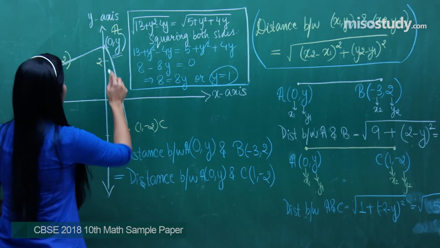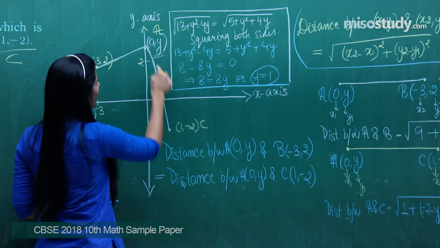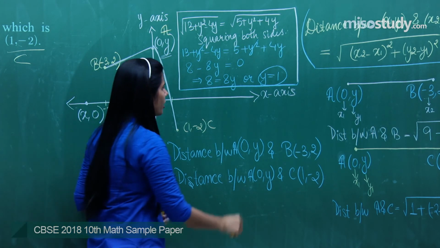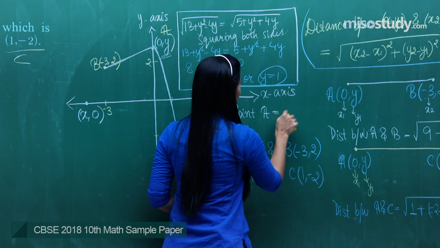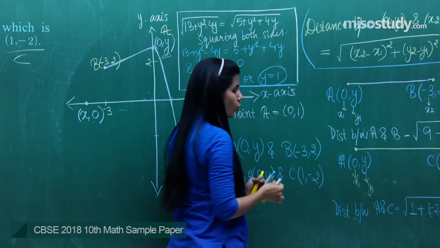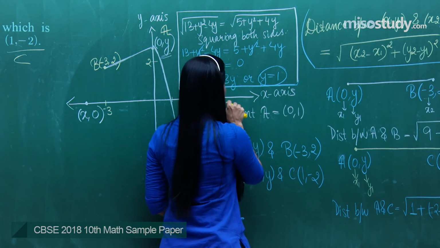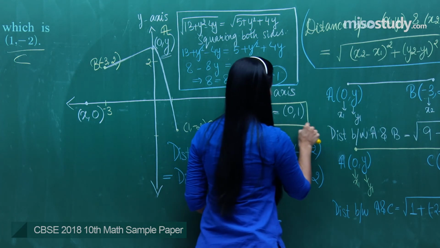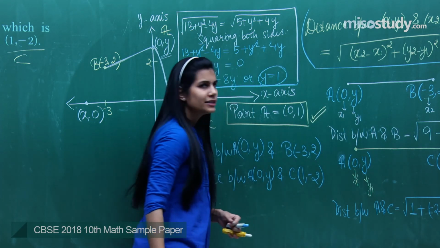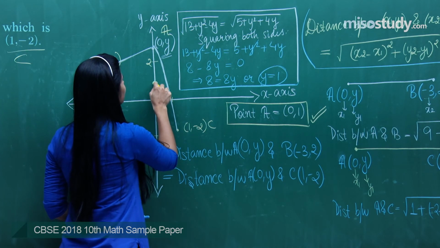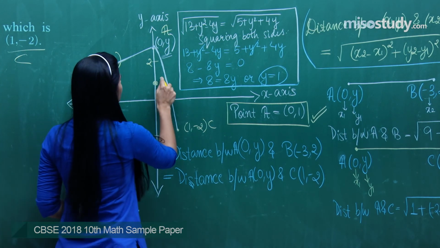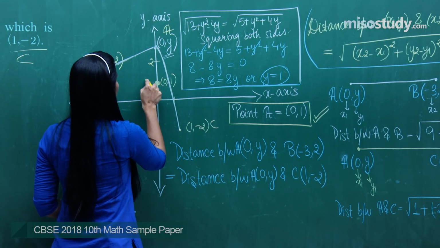That means the point which is equidistant from B and C is the point 0, 1. That is your required point. I told you it should be somewhere nearer. This is my correct point, which is 0, 1.